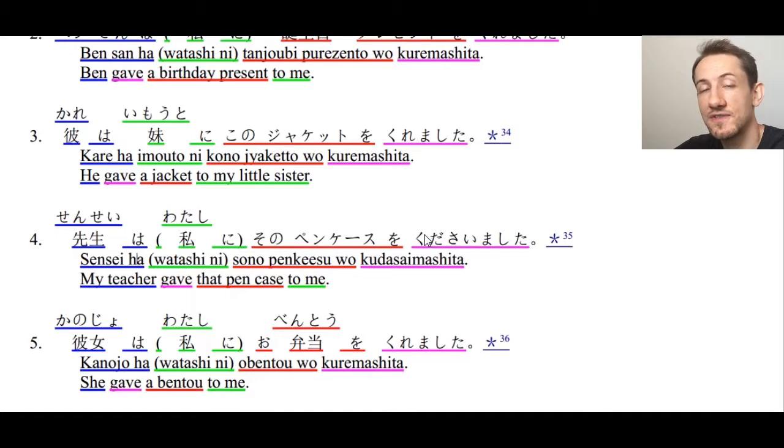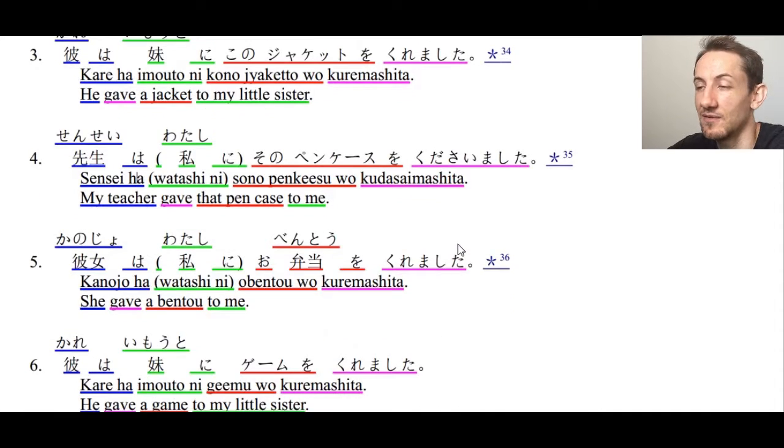I'm receiving something from my teacher, who is a very honorable person whom I respect. So instead of saying pen case wo kuremashita, I want to say kudasaimashita. I really appreciate the gift. The teacher gave it to me, and I'm lower than the teacher. So a very polite form of kureru is kudasaru. Again, not something you need to know, but if you're more advanced, then maybe this information can be useful to you.